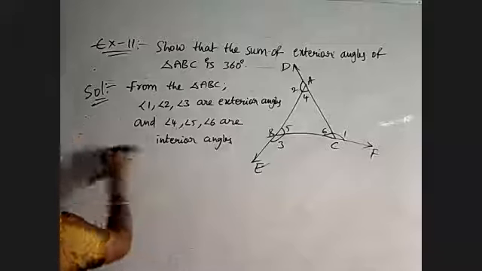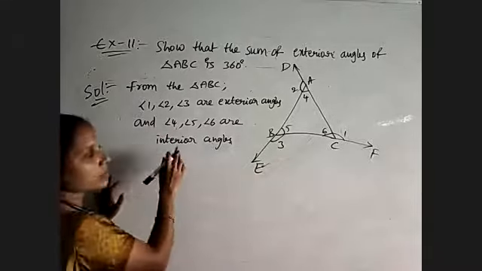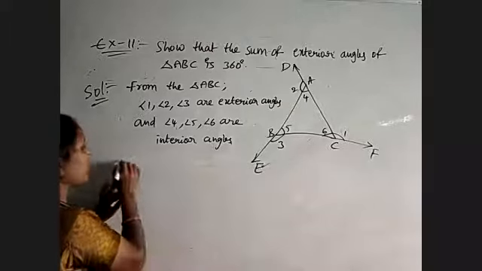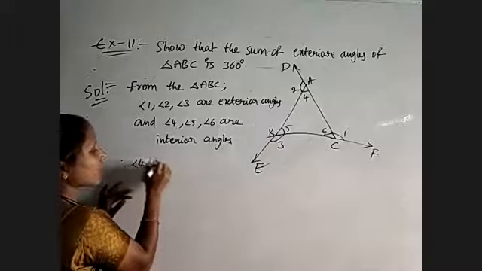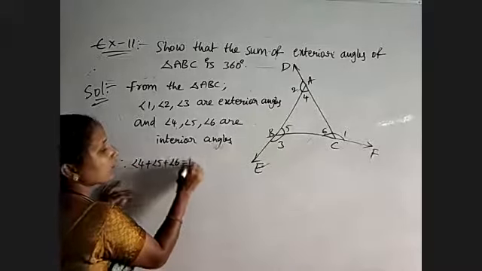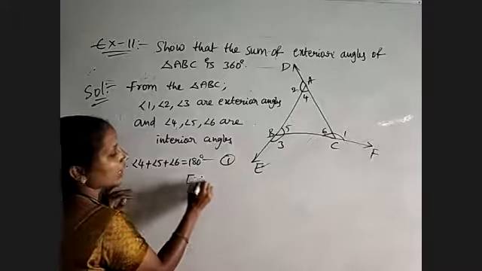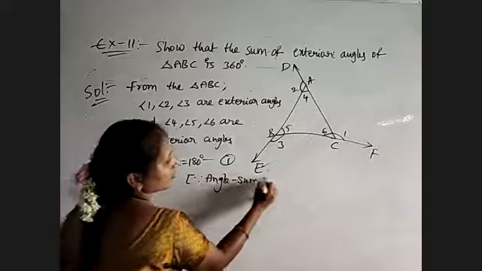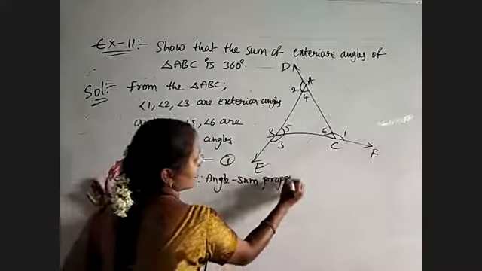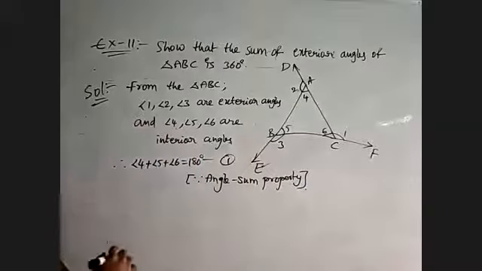And we know that the sum of the interior angles of a triangle is equal to 180 degrees by the angle sum property. So therefore, because here three are interior angles, angle 4 plus angle 5 plus angle 6 is equal to 180 degrees. Let it be equation 1 from the angle sum property. Okay. So now observe the triangle ABC.